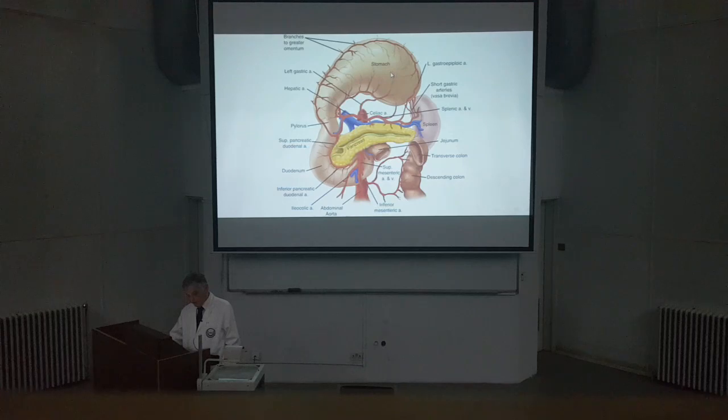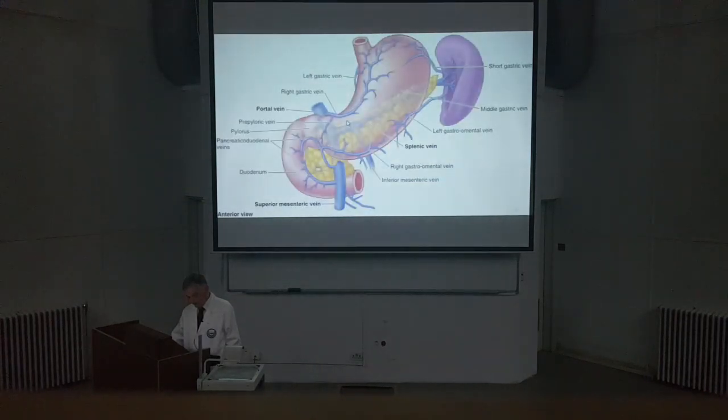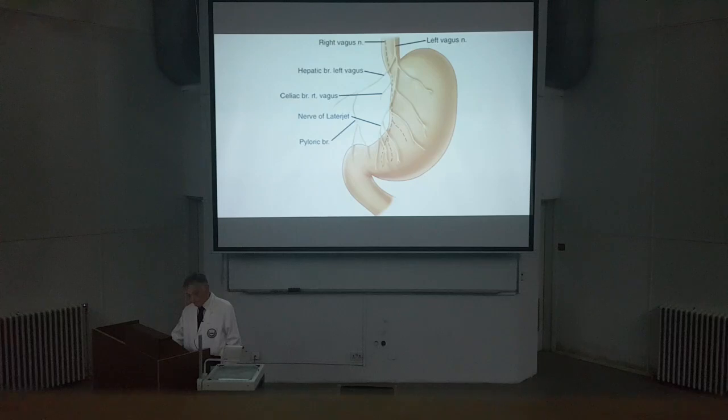If you lift the stomach up, you will see pancreas, splenic artery, splenic vein, and beginning of portal vein. Veins, they follow the arteries, but drain to the portal system, not to the inferior vena cava. It drains to the portal system.